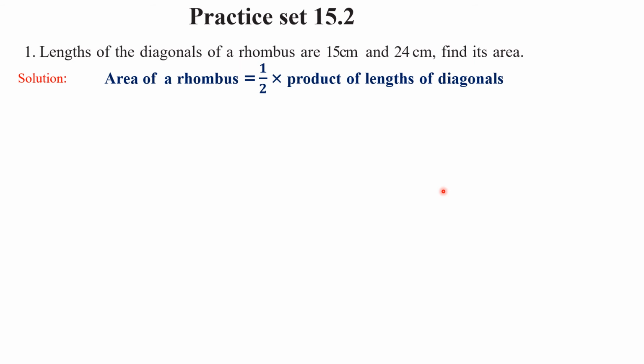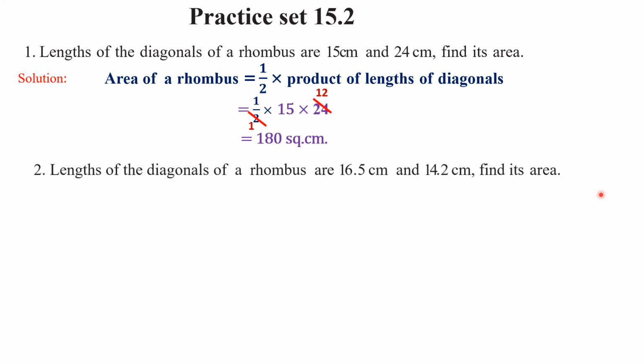Now substitute the values. Equal to 1 upon 2 into 15 into 24. 2 ones are 2, 2 twos are 4, means 12. 12 into 15, the answer is 180 square centimeter. The unit is important. Here we find the area, therefore the unit is square centimeter.